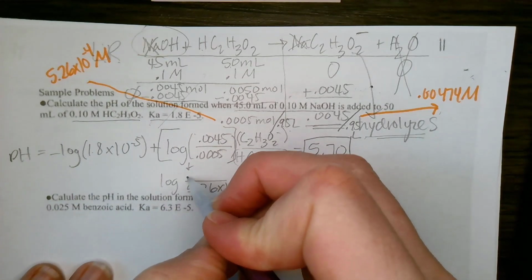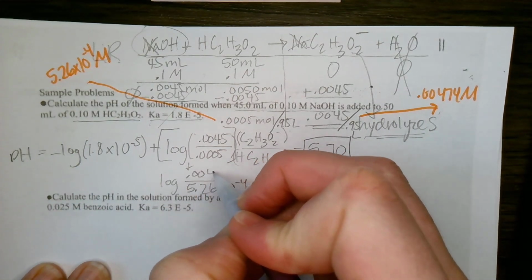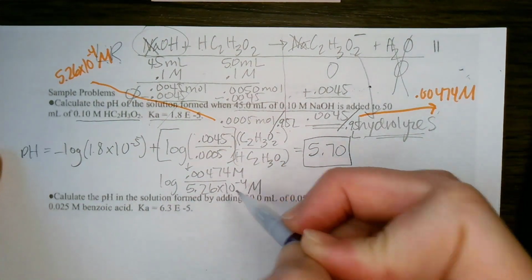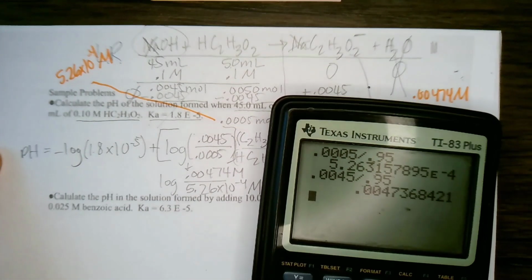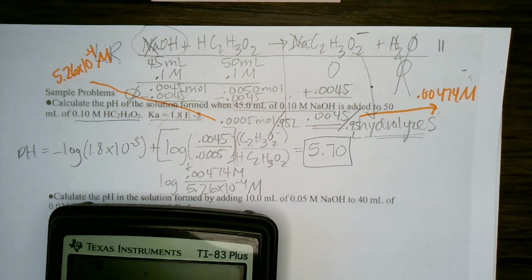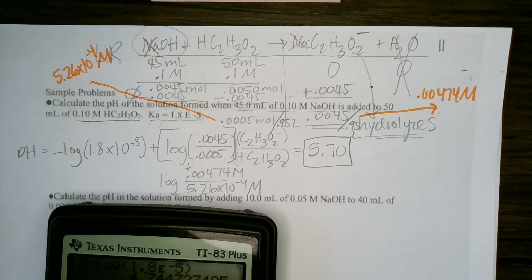So if I do my 0.00474 big M, again, that's my base over my acid. Just to prove to you that we get the same number, I'm going to do the negative log of 1.8 times 10 to the negative 5 plus the log of 0.00474 divided by 5.26 times 10 to the negative 4th.